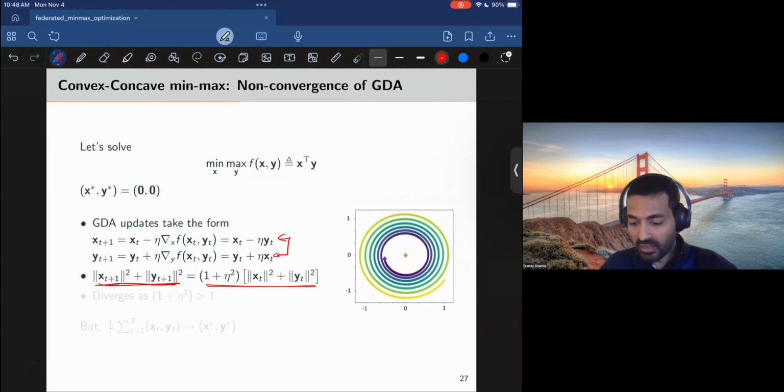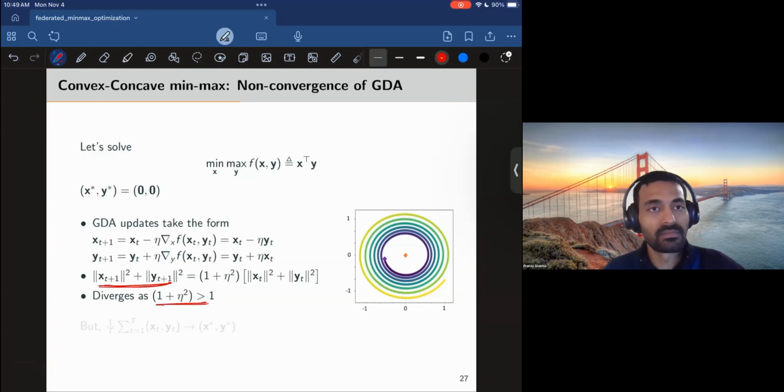What this means is that the magnitude of these norm squares is increasing over time because we have a 1 over eta square, and eta is the step size. So this quantity is increasing over time, meaning this is diverging, right? But think of it this way.